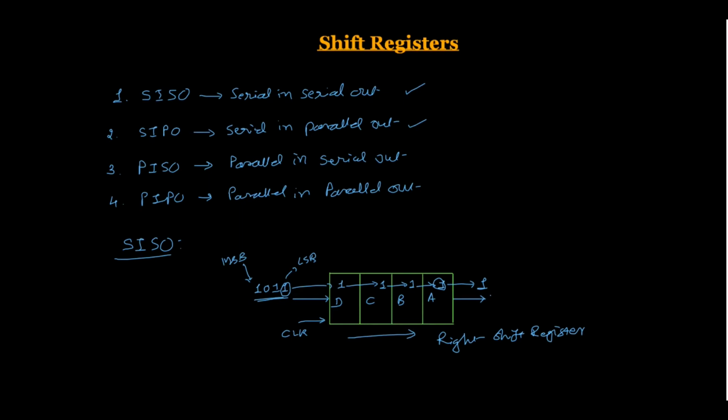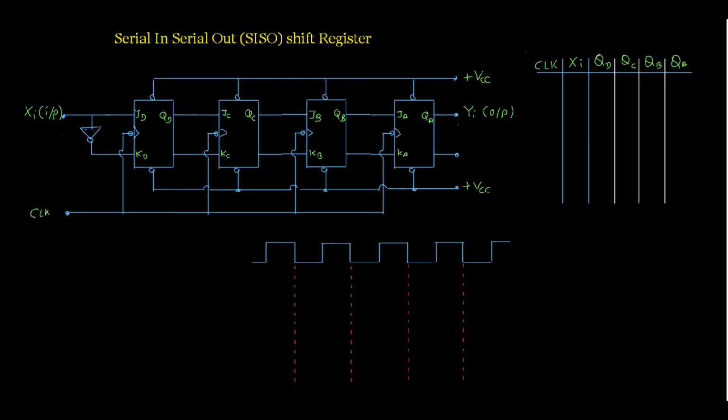Now let us see the logic diagram of a SISO. Here we have a logic diagram with four flip-flops: flip-flop A, flip-flop B, flip-flop C and flip-flop D. All these flip-flops are connected in series.